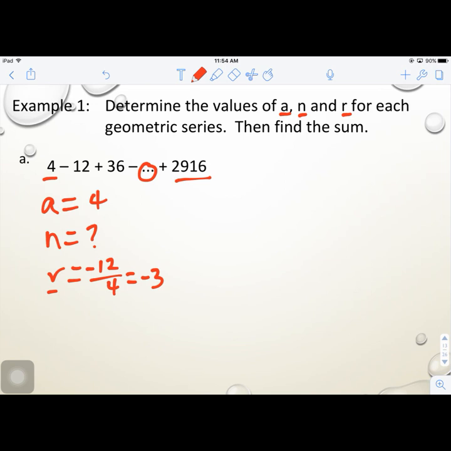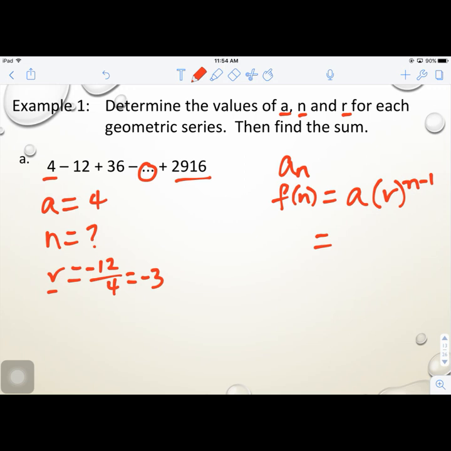And we call that the nth term, or f of n, is given by A times R to the n minus 1. So the nth term is given by this, and we are actually given A and R. So we can actually find the nth term.